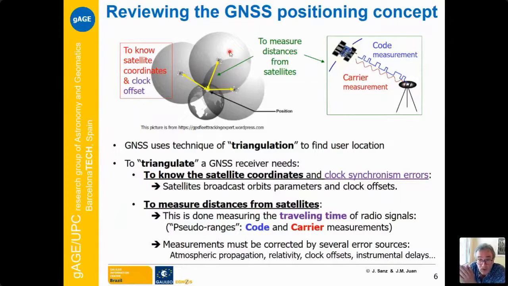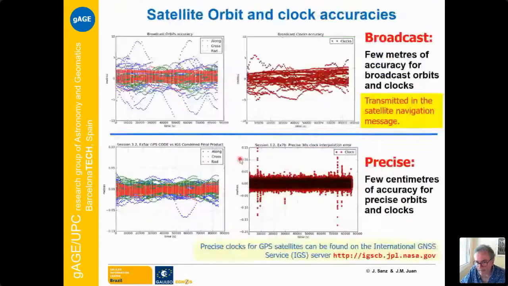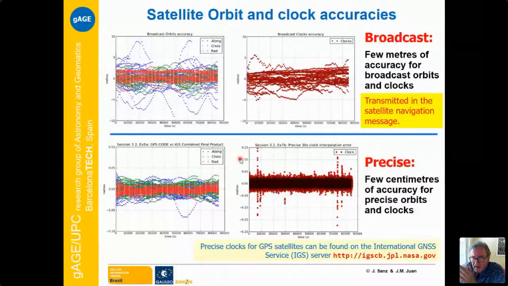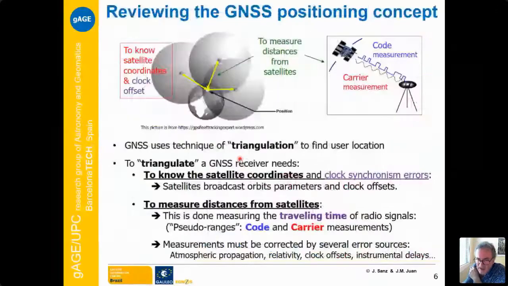Then, from the conceptual point of view, this looks very easy. This is just to solve a triangulation problem, but as we know, the devil is in the details. Then, how important are the errors in satellite orbits and clock? As I commented, we have to know where the satellites are. Then we will know the satellite coordinates with a given error.